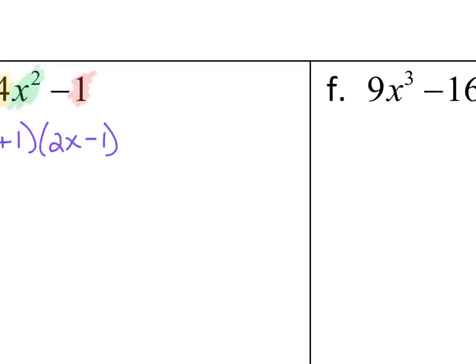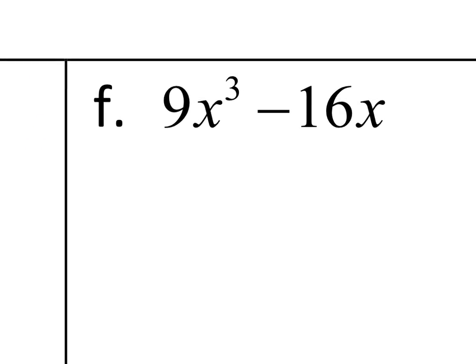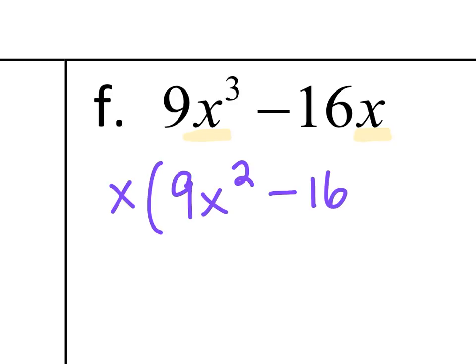Now in the next problem, you'll see that you have a common factor. Both terms of this expression have an x in them. And so you want to factor out a GCF before you do any other type of factoring. So now I have x on the outside times parentheses 9x squared minus 16. And again, you'll see that you have perfect squares.